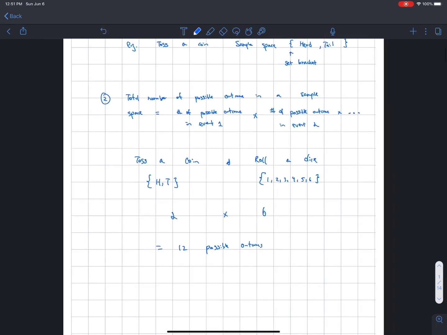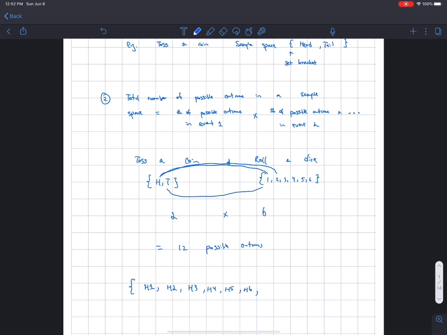You can list out the combined sample space quite easily. It's just like distributing. You can have head and 1, and then head and 2, and then you can just keep on going. Head 3, head 4, head 5, head 6.